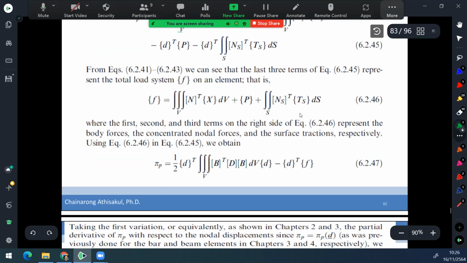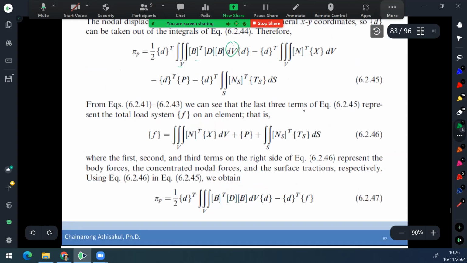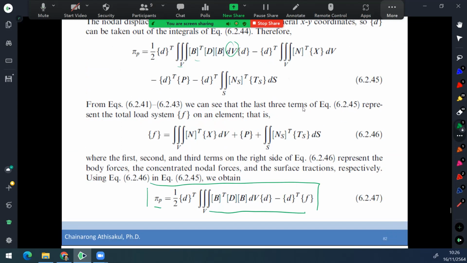And after that, when we rearrange this term and consider the right hand side with some manipulation, we have the potential energy in this form. The vector F represents the applied force that is composed of the body force, concentrated force, and the surface force.